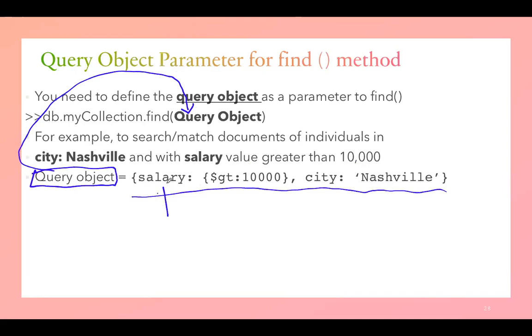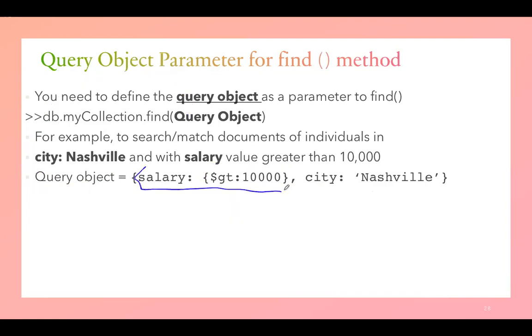So here you have the key, which is the salary. And inside this salary, you have another kind of a document where you have another key. What is this key? This $GT is a MongoDB specific keyword, which stands for greater than. So this whole notation represents salary greater than 10,000.